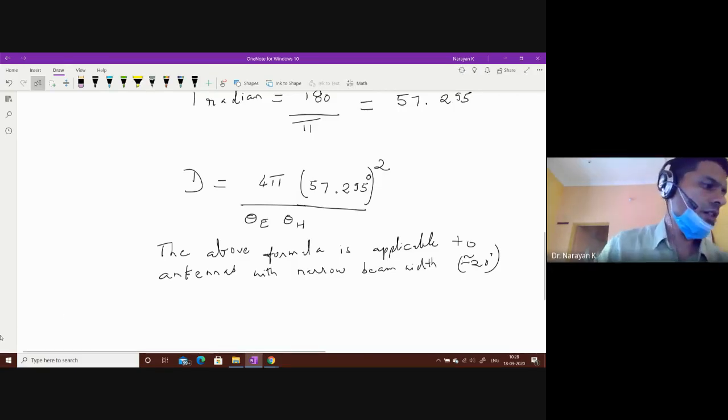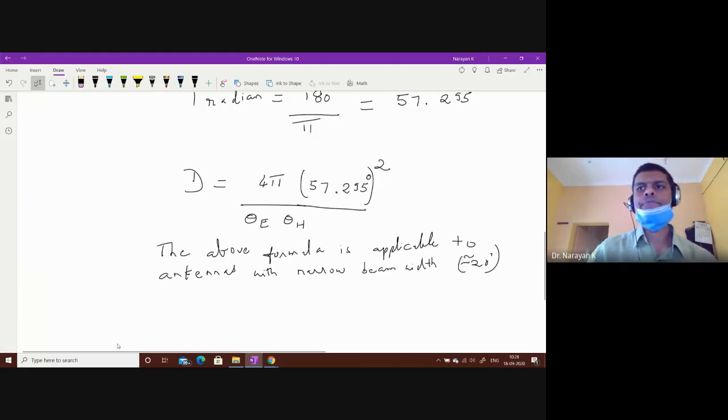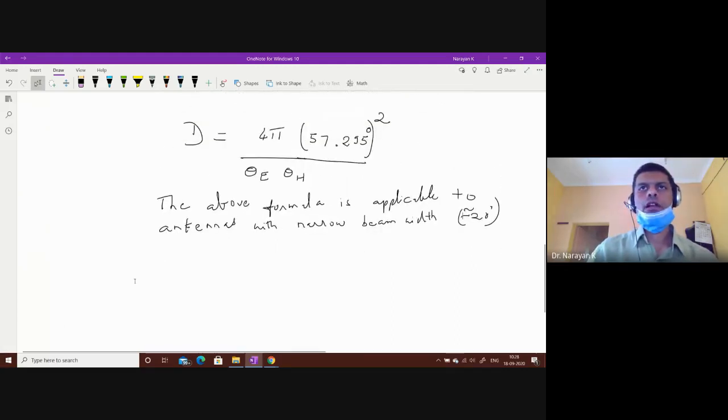So this is your directivity formula. Have you written this down? Yes, sir.